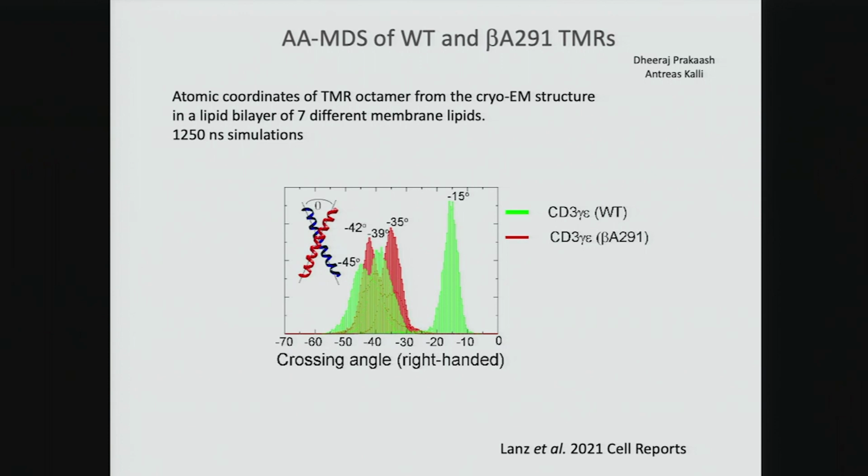In fact, they did quite a number of simulations, and they found that the angle between the gamma epsilon and alpha beta changed. Gamma epsilon is the one that is close to this tyrosine. If I'm the alpha beta, I'm the beta, and the gamma epsilon is here.